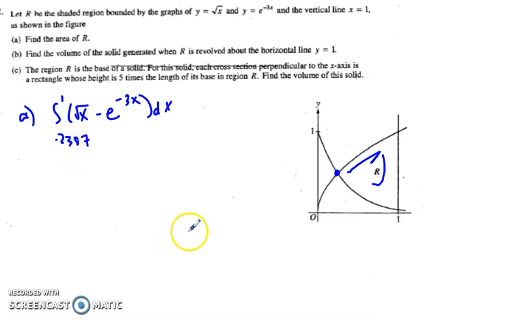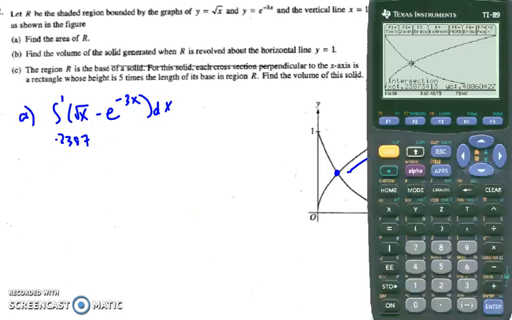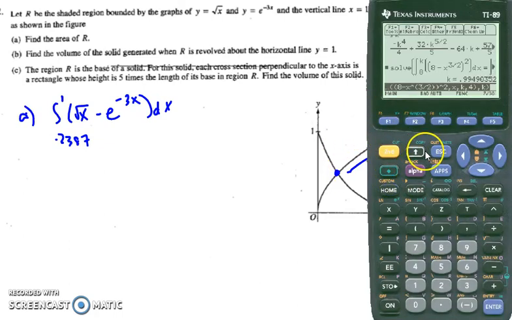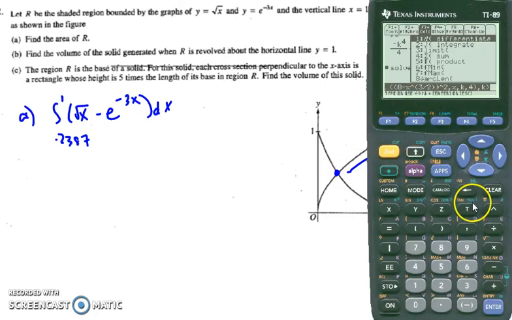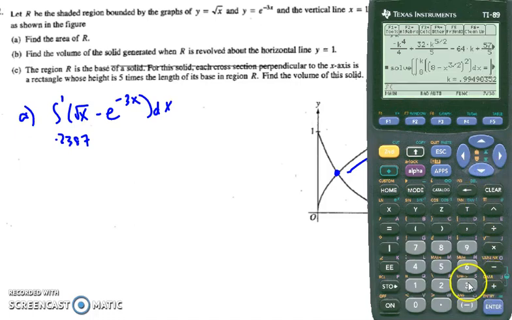So then in order to find this integral, I need to go to my home screen, and we will integrate. Choice 2 is integrate. And I'm integrating top curve, rad x, minus bottom curve, which is e to the negative 3x, with respect to x, and on the interval 0.2387, comma 1.